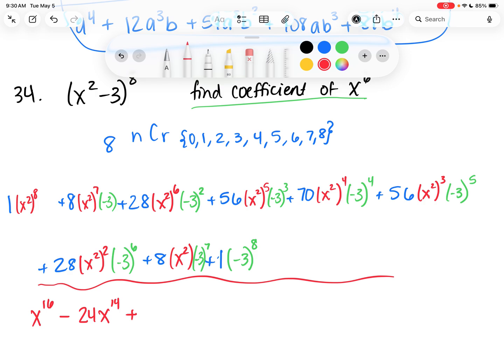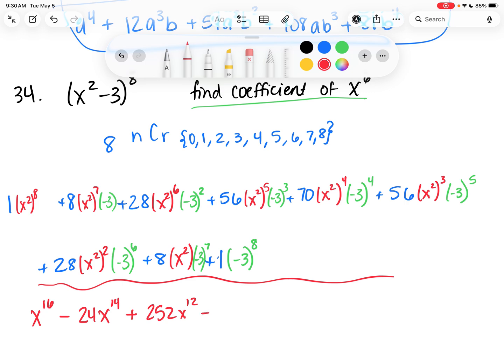These numbers are going to get real big. 28 times 9 is 252. Then this is x to the 12th.